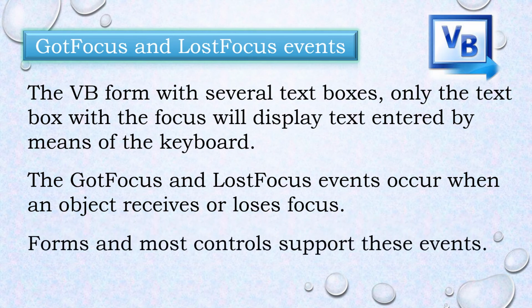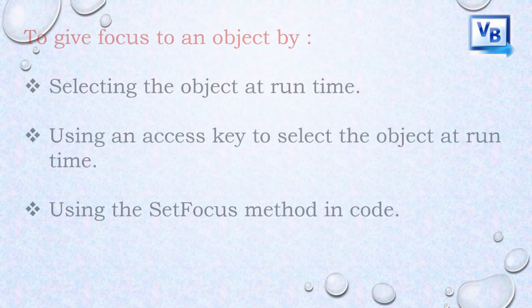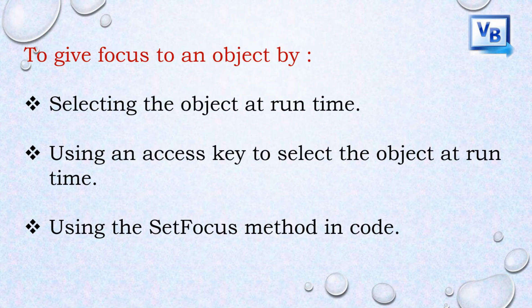Forms and most controls support these events. To give focus to an object: selecting the object at runtime, using an access key to select the object at runtime, or using the SetFocus method in code.